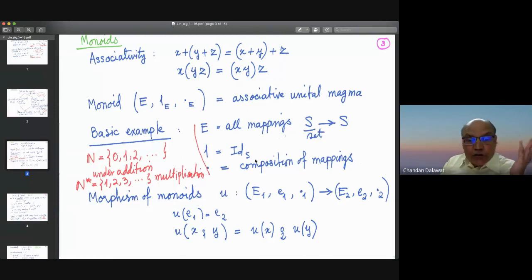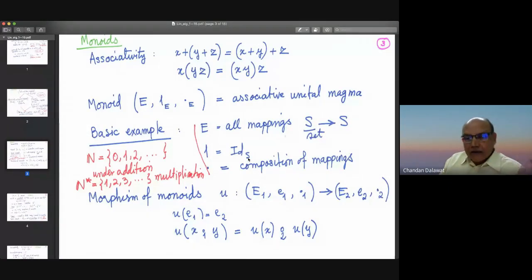And how do you compose two mappings? That you already know. If you have a map from X to Y and a map from Y to Z, then you can compose and get a map from X to Z. Here you have a map from S to S and another map from S to S. Then of course you can compose them to get a map from S to S, right? This composition of mappings is associative.